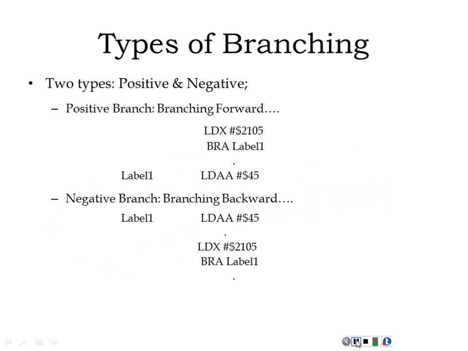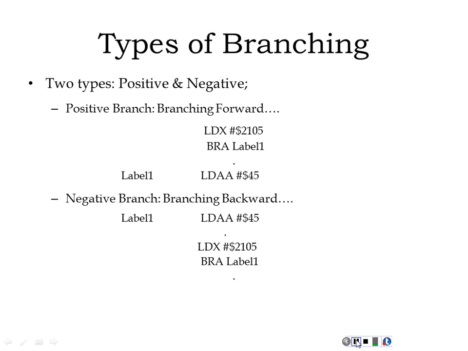Now here, I wanted to show you that labels can be anywhere and you can be jumping anywhere. You can be jumping forward, you can be jumping backward. All the forward jumpings, or branchings, are called positive branches. For example, in the first one, you see our branch is here, and the label appears later on.